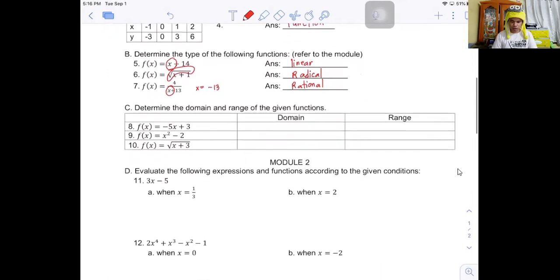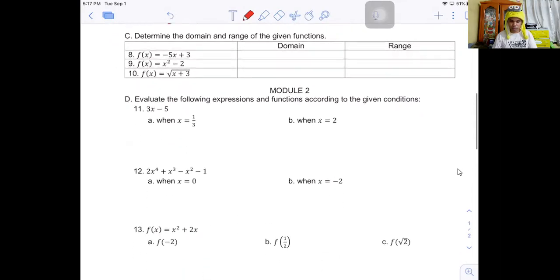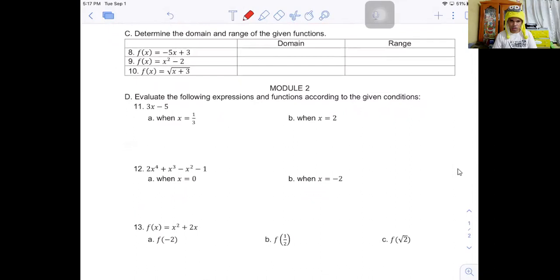Next, let's go to letter C. For letter C, you're asked to determine the domain and range of the given function. But before that, let us determine first the type. For number 8, this is linear. Number 9, this is quadratic.